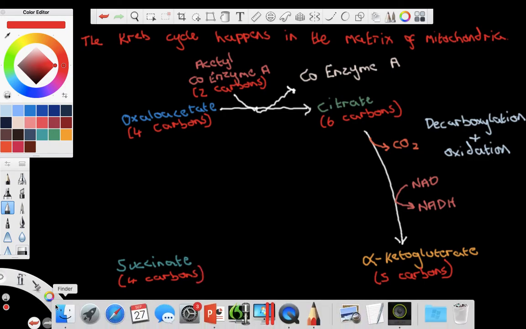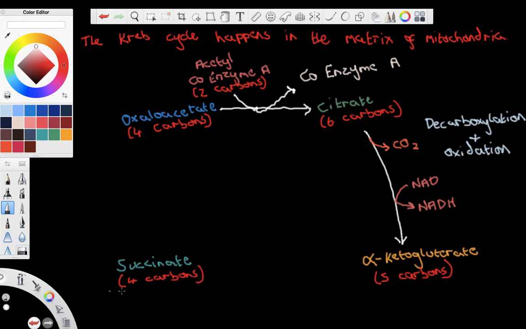Okay? So we're converting alpha-ketoglutarate into succinate. We're going from a 5-carbon molecule to a 4-carbon molecule. Therefore, we are going to have decarboxylation again. So we've got the loss of a CO2 molecule from alpha-ketoglutarate. So we've got CO2 being removed.